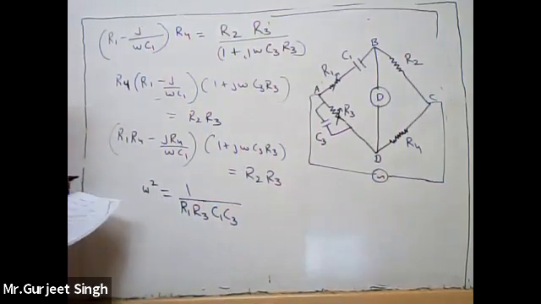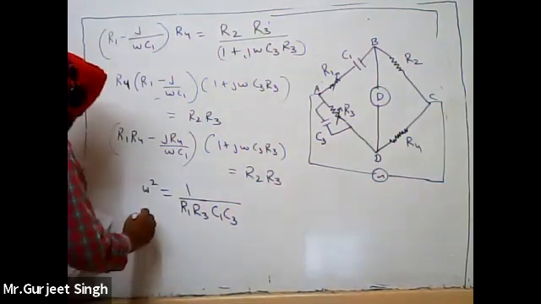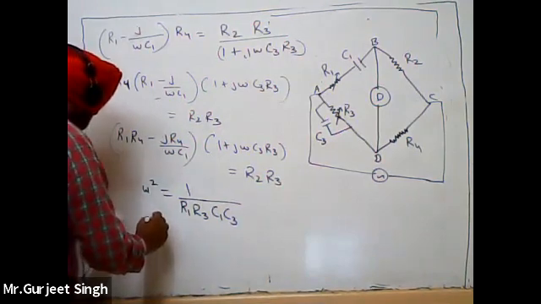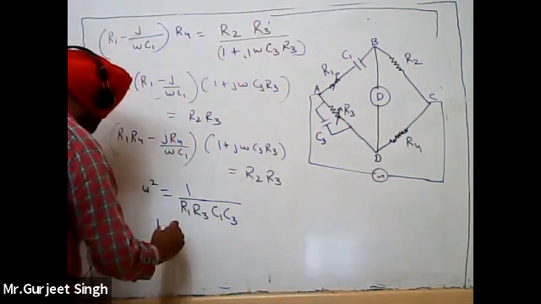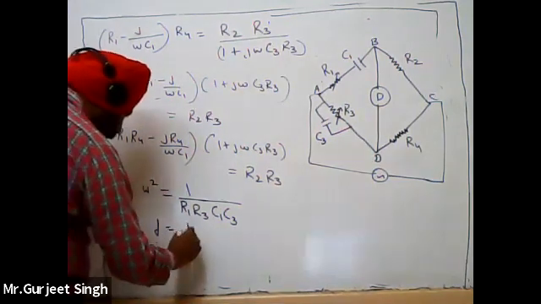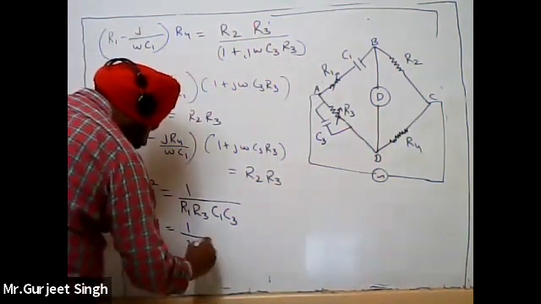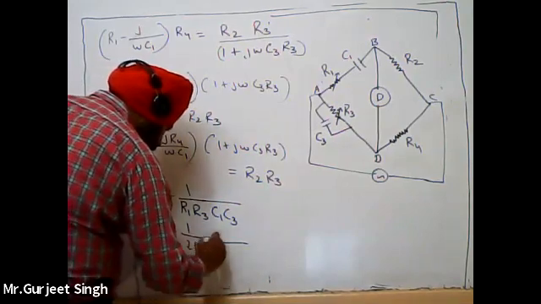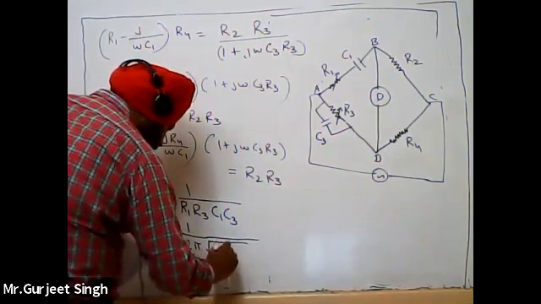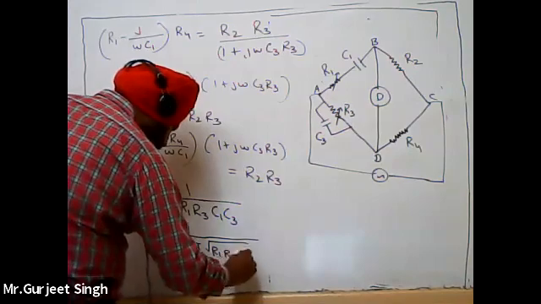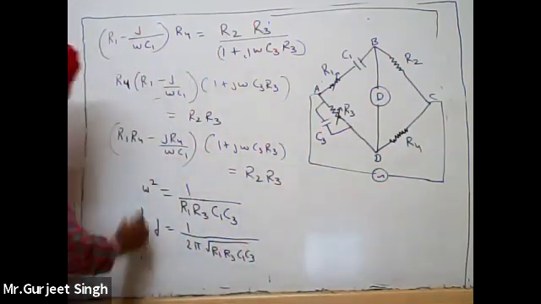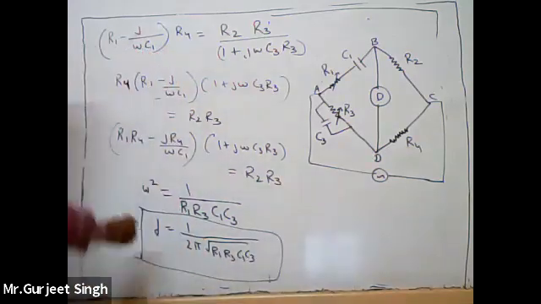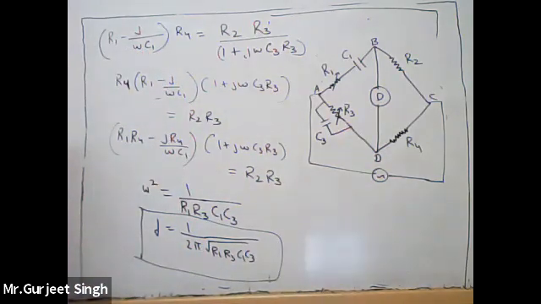From this equation we find the value of the frequency: f is equal to 1 upon 2 pi under root R1 R3 C1 C3. This is the expression for the frequency of the Wien bridge.